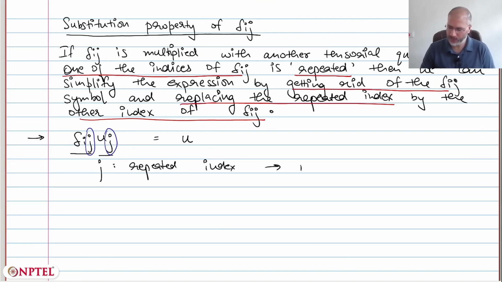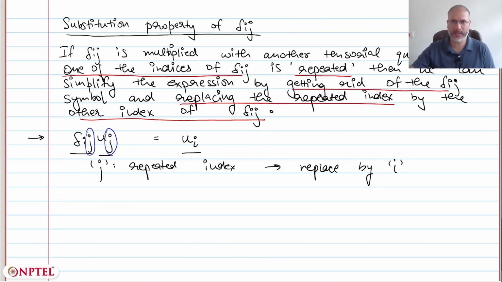We'll replace this j by the other index, which is i. So this is the simplified expression that we have here. And remember that in the simplified expression, you cannot have a j as a free index, because j is a dummy or a repeated index. So if we were to simplify this, then j will be gone.